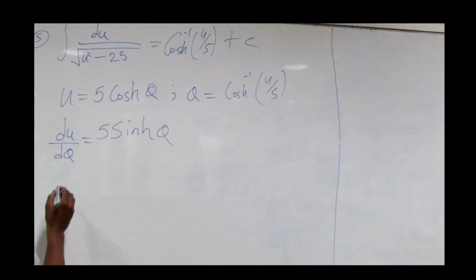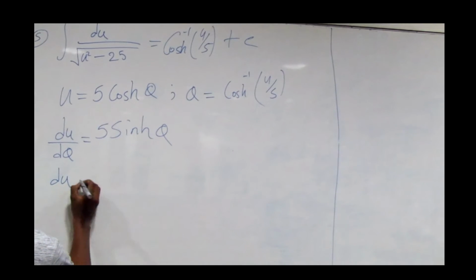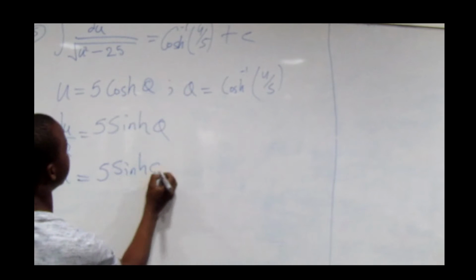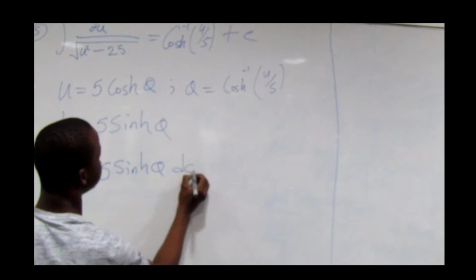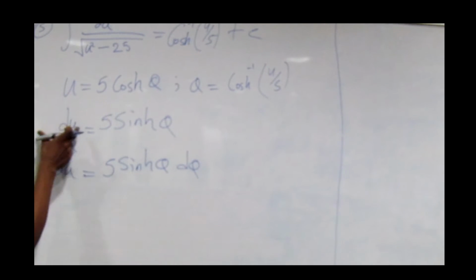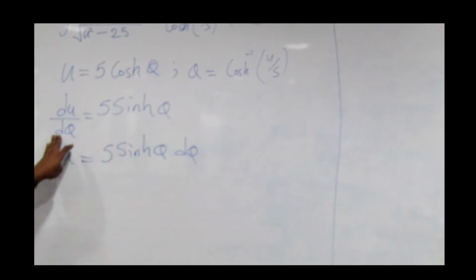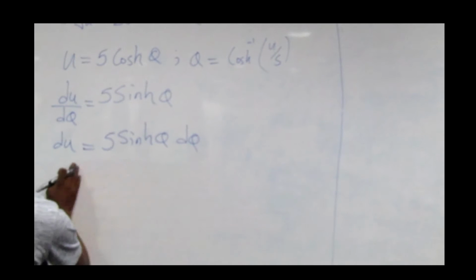Then you make du the subject of the formula. du is equal to 5 sinh theta d theta. Meaning when you make du the subject of the formula, you multiply the whole of this with d theta, which is going to give us this.